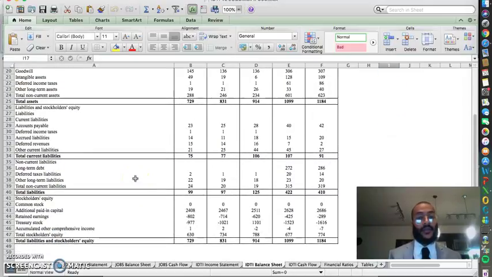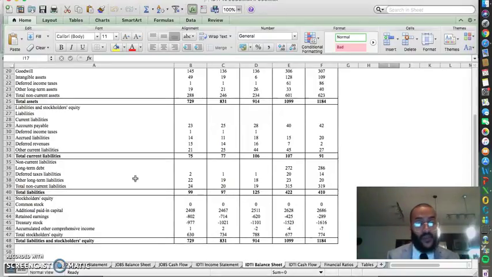Total current liability starts at 75, goes to 77, 2015 it goes to 106, and then it goes to 107 in 2016, and the last year of 2017 it goes a little bit down to 91 total current liability.